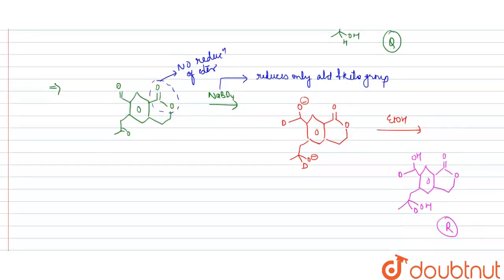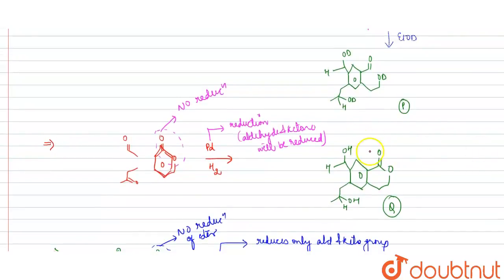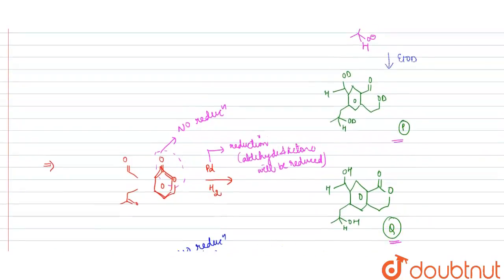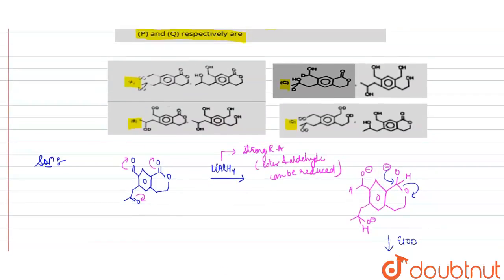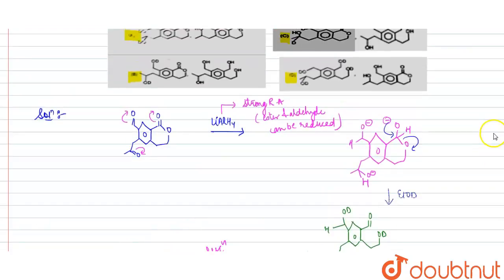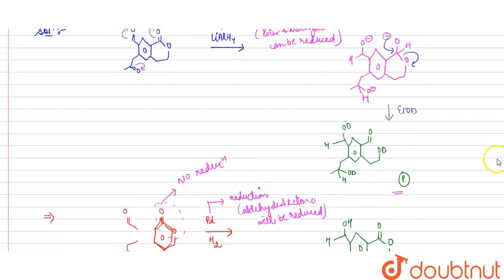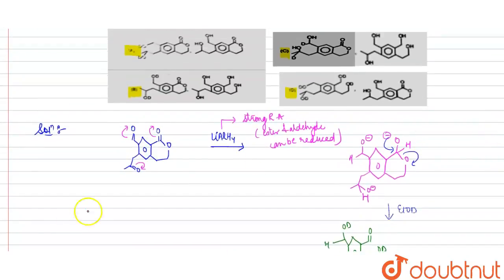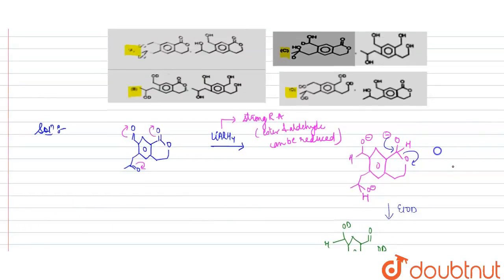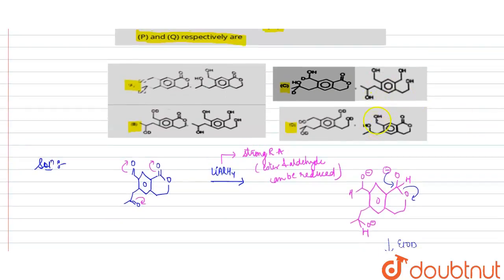So this is our P, this is our Q, for which we have to answer in the question the structure of P and Q respectively. If we see in the question, it correctly matches the option given to us in option A. Why? Because you see here, in this case the ester group is also being reduced, so this cannot be correct.